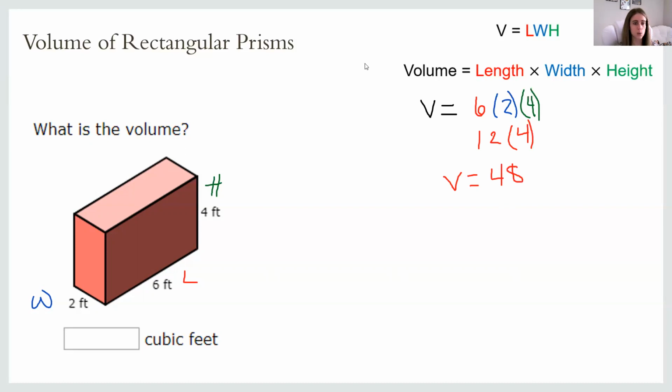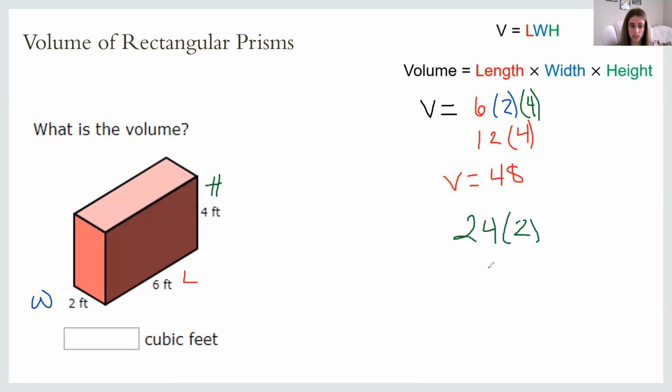But let's say I wanted to multiply in a different order, because sometimes, like in this case, I'm like, you know what? It's a little bit harder to multiply 12 times 4, but I know if I have a big number and I have to multiply it by 2, that's easier for me. So I'm going to multiply 6 times 4 first. 6 times 4 is 24.